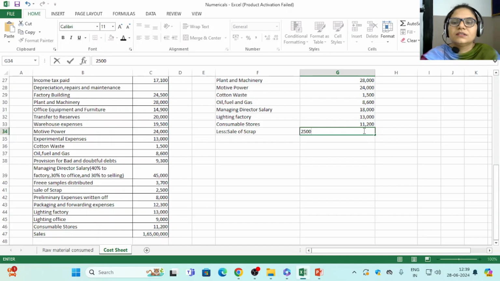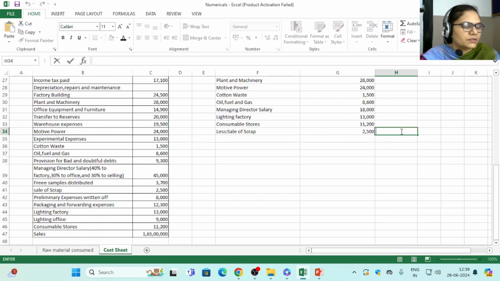It is 22,500. So the final value will be 3,02,500.